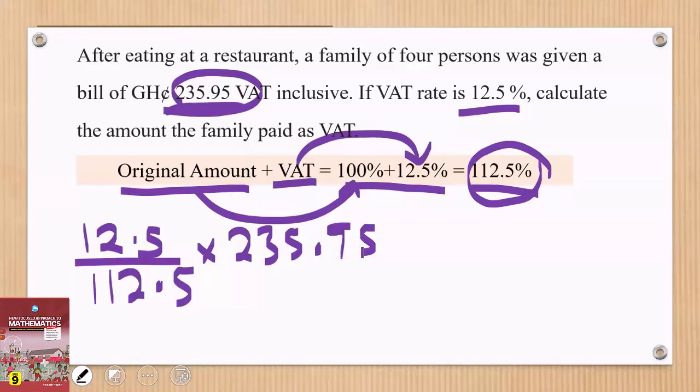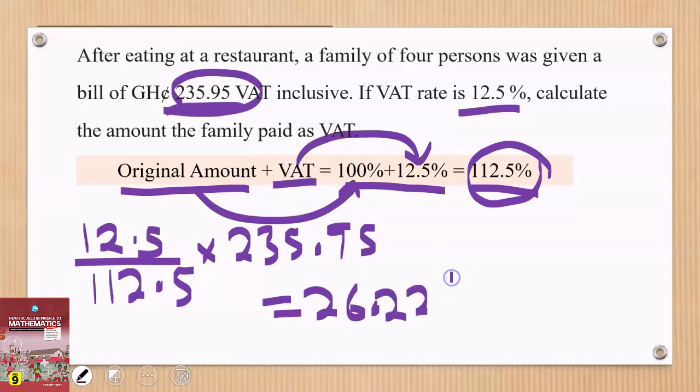Now, if you do the calculation, I'm sure at this stage you know how to simplify some of this work. And if you take your time and simplify it well, you write your answer to be 26.22. Now that means the family paid 26 cedis, 22 pesewas to be given to the government as VAT. Does it make sense?